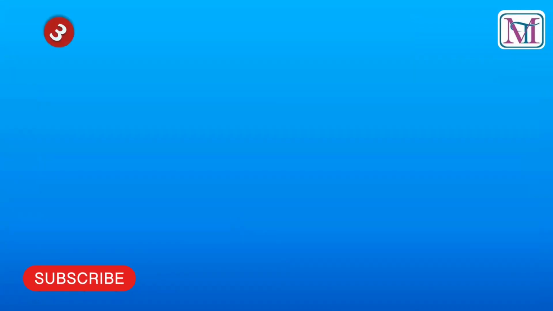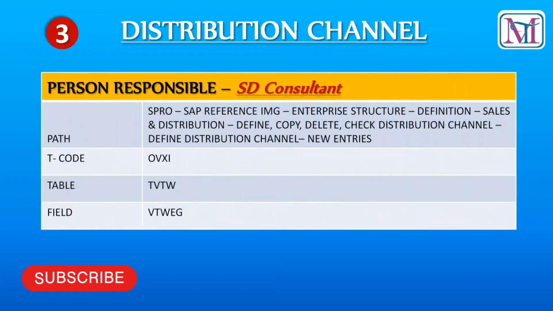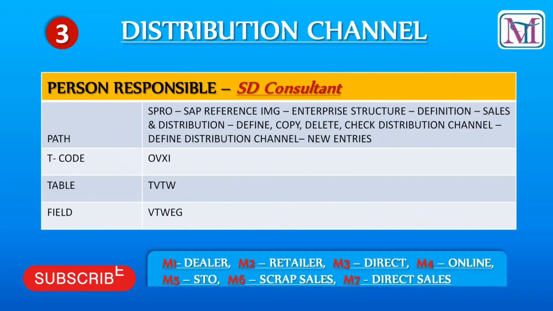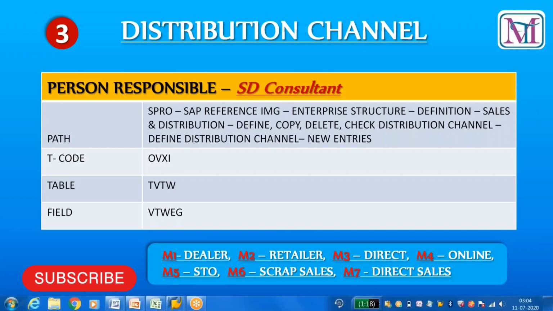Then next is distribution channel. In real time, who is responsible to define distribution channel? The SD consultant is responsible to define distribution channel. So this is the path. In real time, for our MT Foods Private Limited, we have 7 distribution channels: dealer, retailer, direct, STO, scrap sales, and so on.